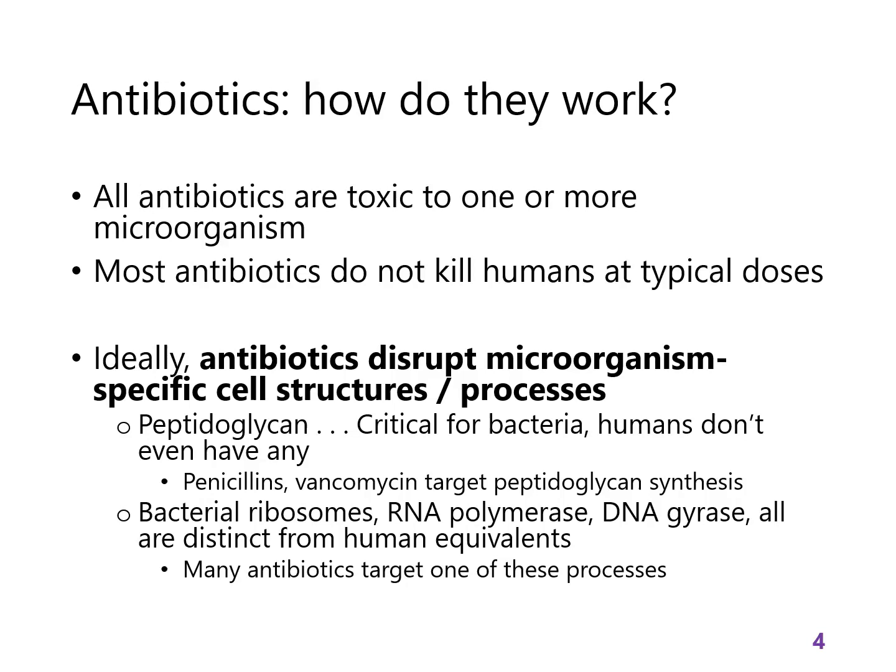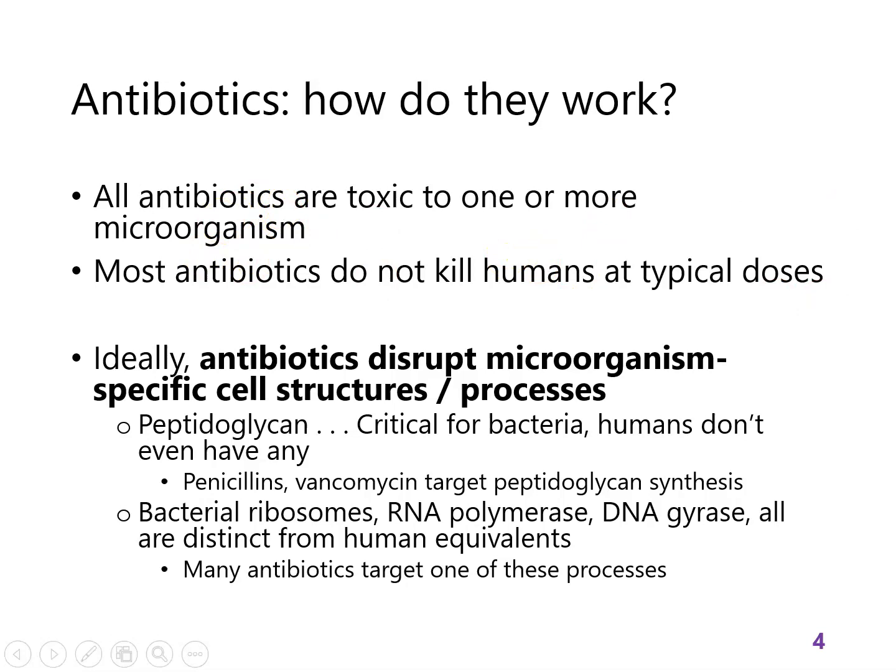You'll recall that your own cells do not have cell walls. So something we do that very specifically disrupts bacterial cell walls will not have the same effect on our own cells. And that allows us to have molecules that are specifically toxic to bacteria, and in some cases, fungi and protists.